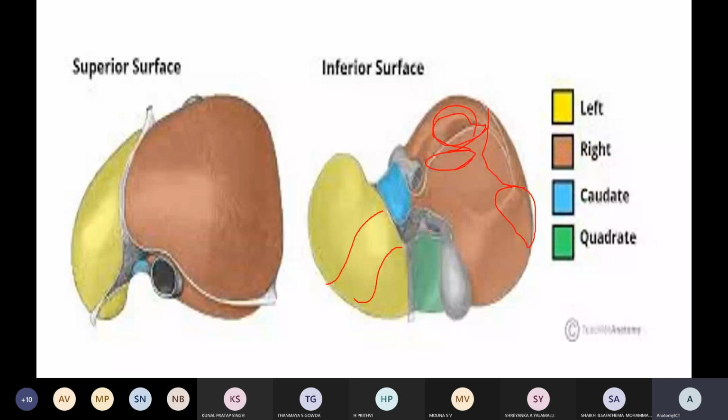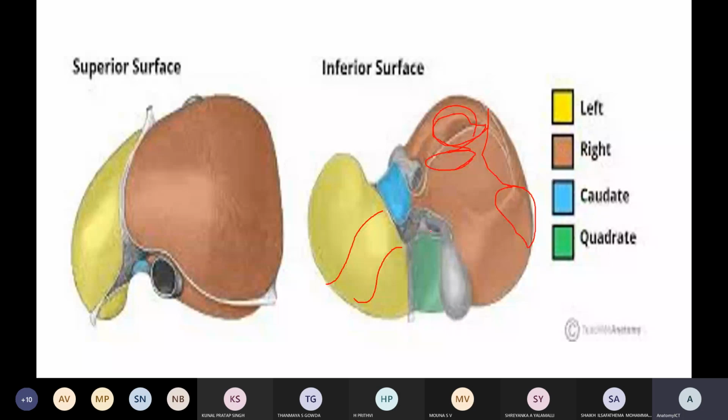And this is the right fissure. This particular one we used to call the right sagittal fissure, where the inferior vena cava content goes towards the left side and goes towards the right side, right? So that is exactly the caudate lobe and the right lobe.